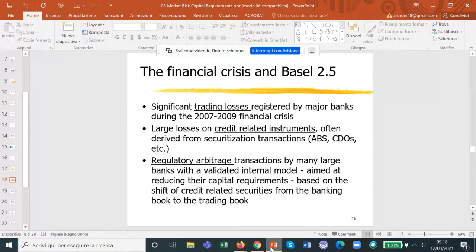Now, what was happening at that time is that there were significant regulatory arbitrage transactions, i.e. many banks, with a validated internal model, were actually moving positions from the banking book to the trading book, okay?